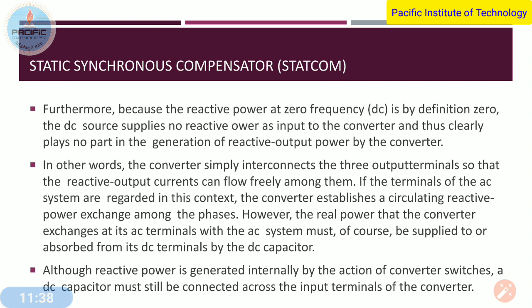The DC source supplies no reactive power as input to the converter and thus clearly plays no part in the generation of reactive output power by the converter. In other words, the converter simply interconnects the three output terminals so that the reactive output current can flow freely among them. Right? So, if the terminals of the AC system are regarded in this context, the converter establishes a circulating reactive power exchange among the phases.